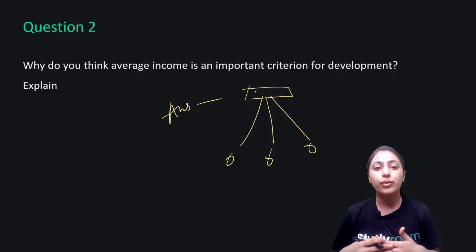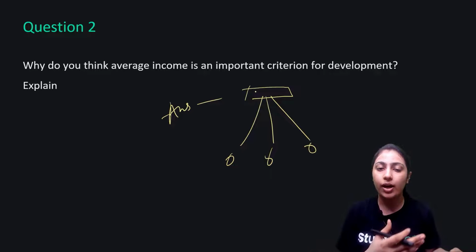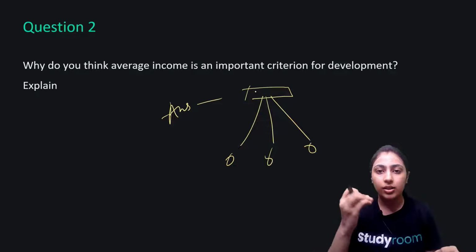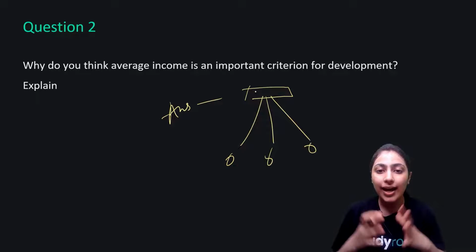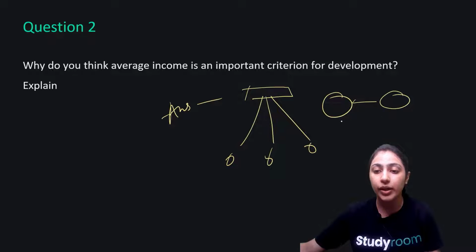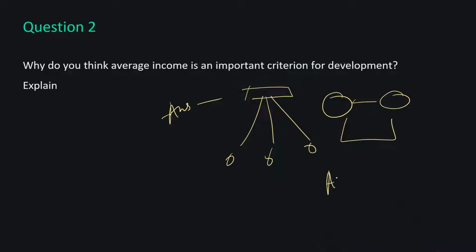So we always analyze the situation, run a survey, and then take out the average instead of going house by house. This is the very important reason that average income is crucial.